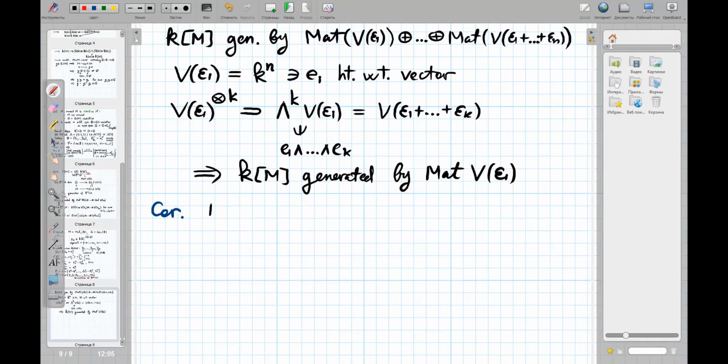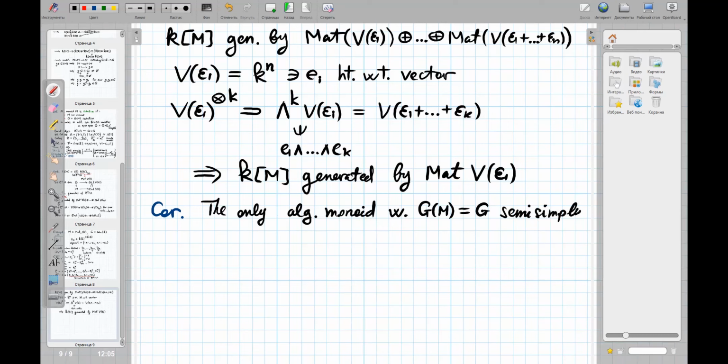The only algebraic monoid with a semi-simple group of invertibles, not just reductive, but semi-simple, is this group itself.